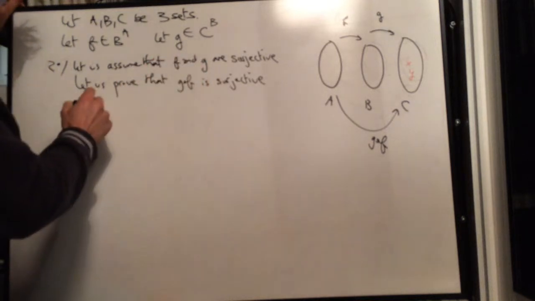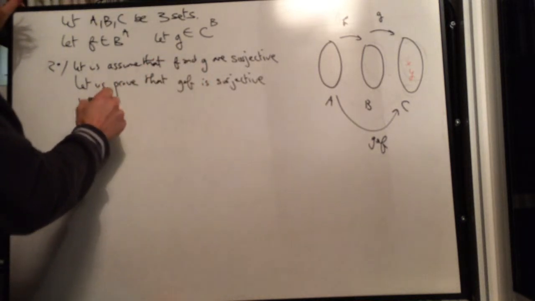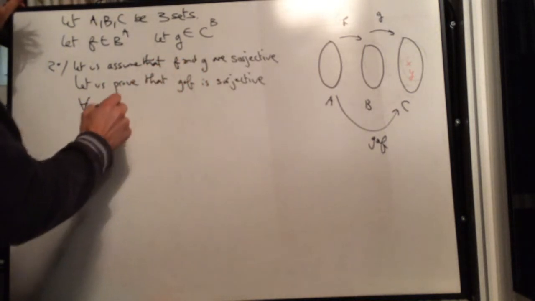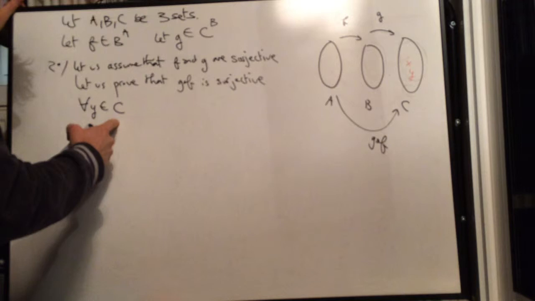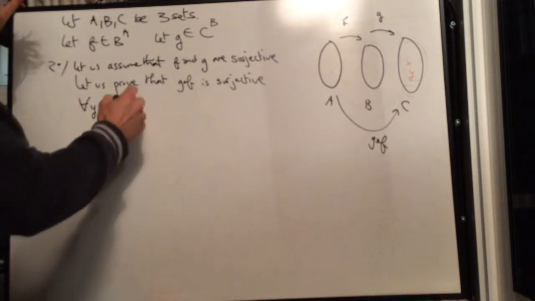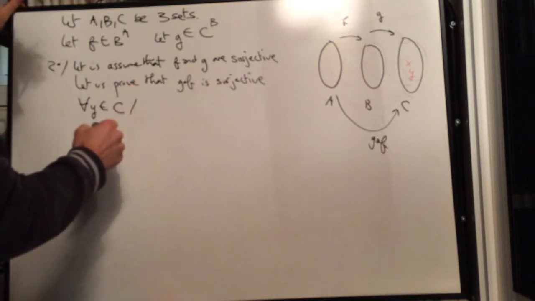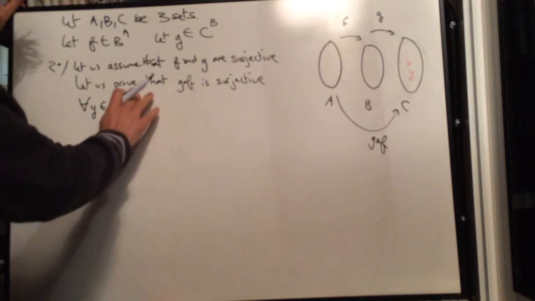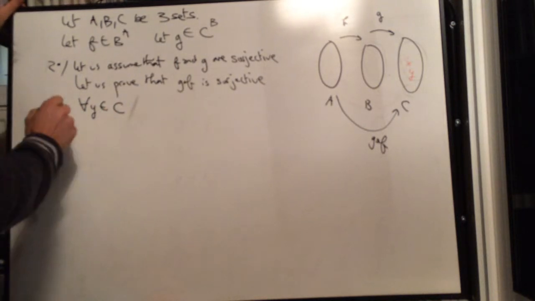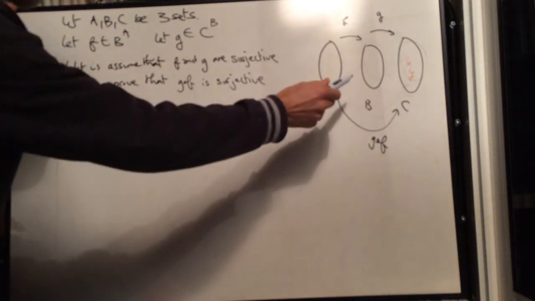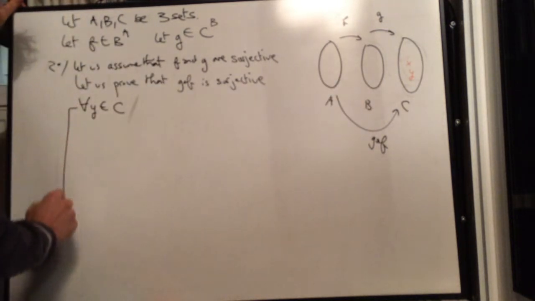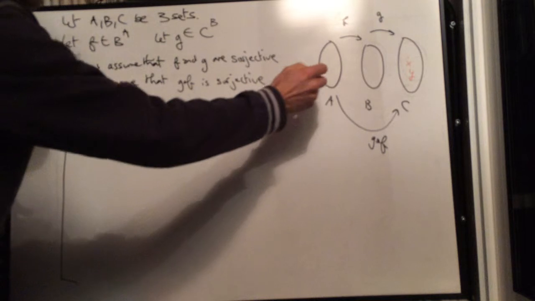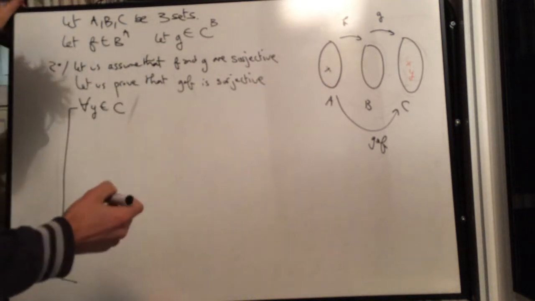For each y that belongs to C, which is the set of arrival of the function g of f, we take this y, and we are going to build one element here.